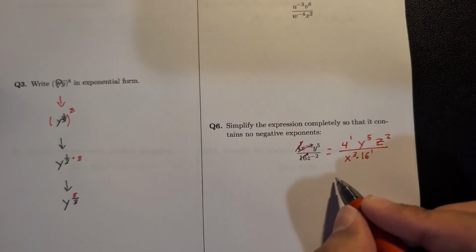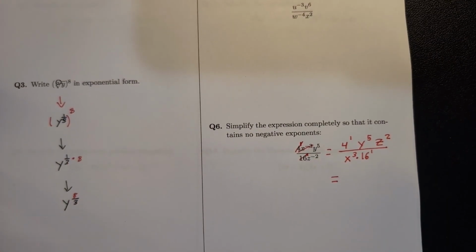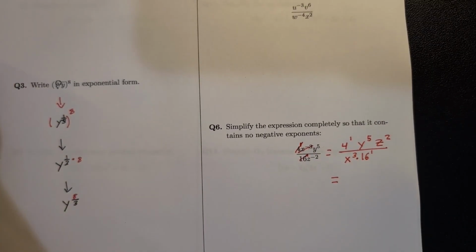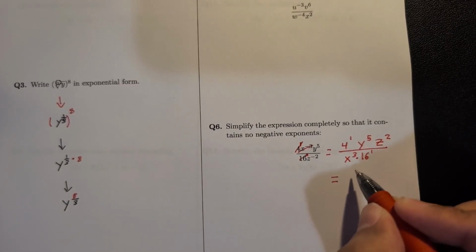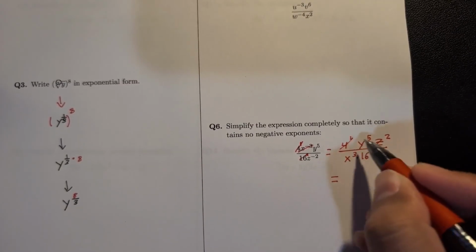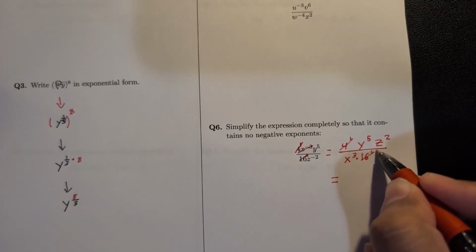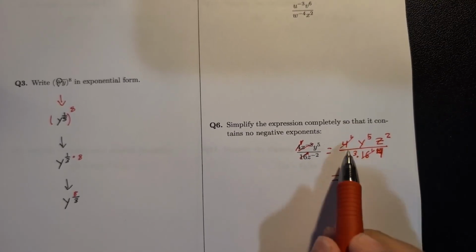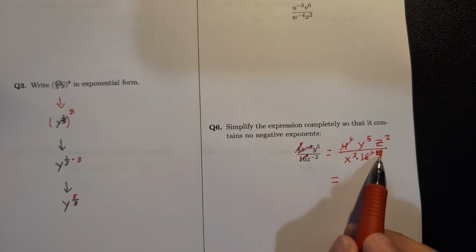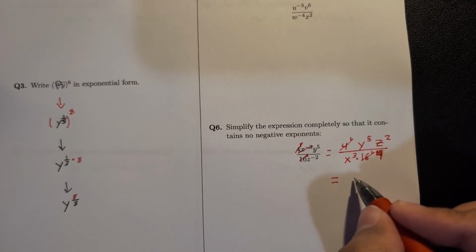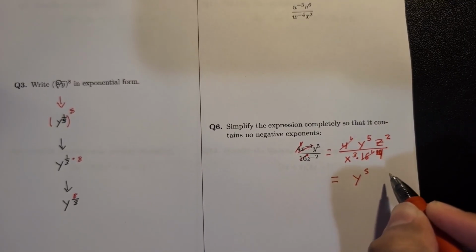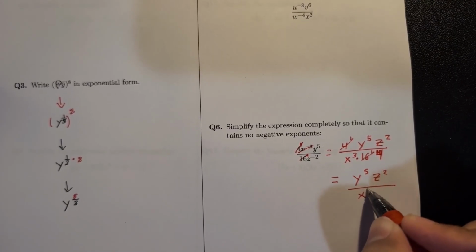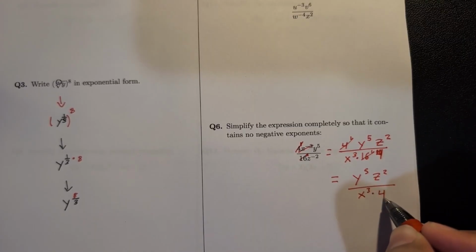Okay. Now here we can go further. We have 4 on the top, 16 in the bottom. We could reduce this. 4 goes into 4, and 4 also goes into 16, so this reduces to y to the fifth z squared all over x to the third times 4.